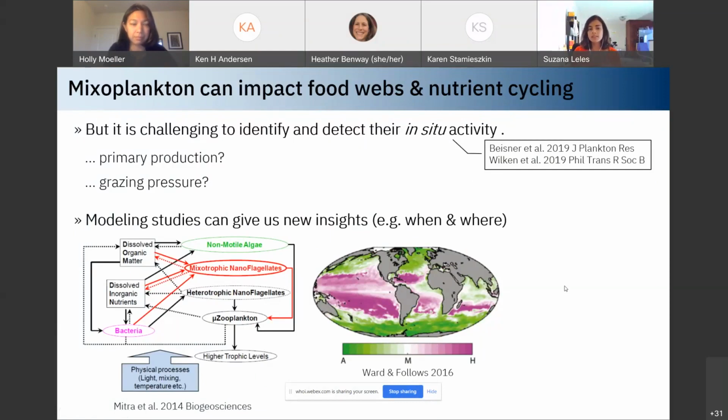Modeling studies can give us some new insights about how mixoplankton might impact trophodynamics and also nutrient cycling. Yet we still don't know much about how these different factors will affect the dominance of mixoplankton in the oceans, and how their diverse strategies, or as Holly was saying, the different flavors of mixotrophs, can impact ecosystem functioning.